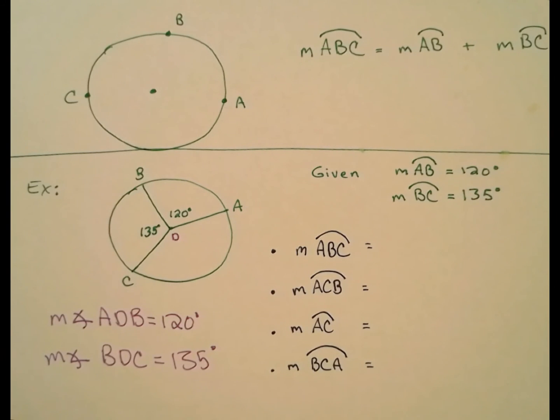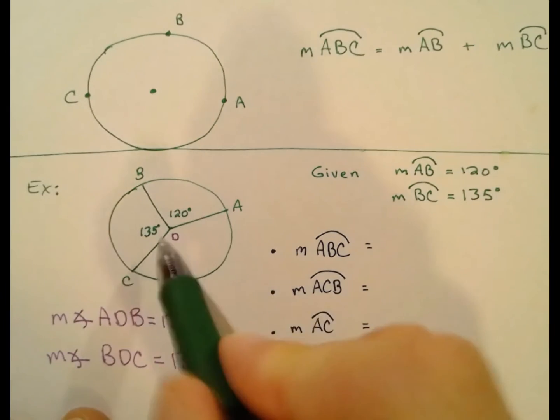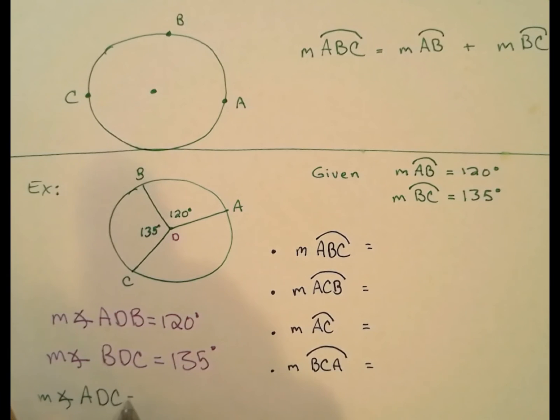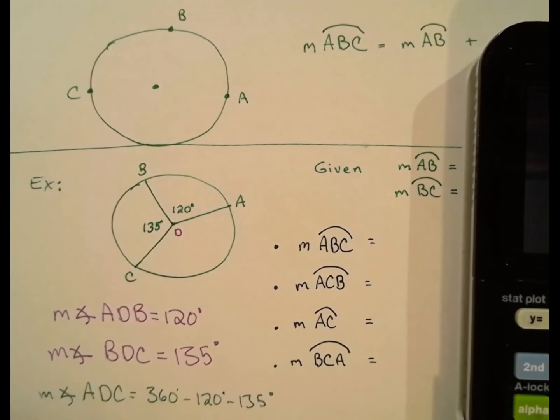The first thing we can do is get this central angle ADC by taking 360 degrees and subtracting the two central angles we know, which I think is 105. Let me just double check here.